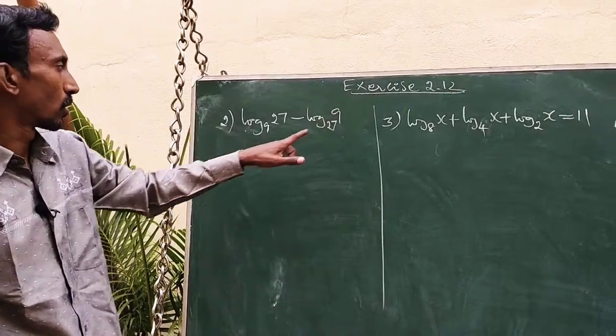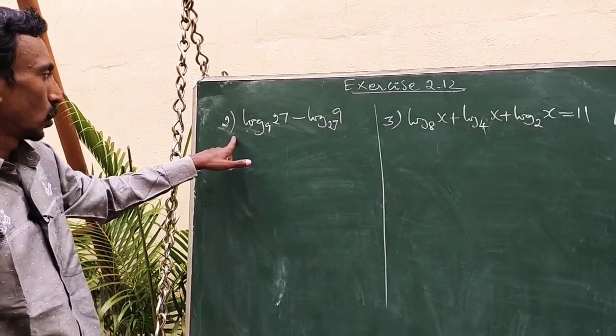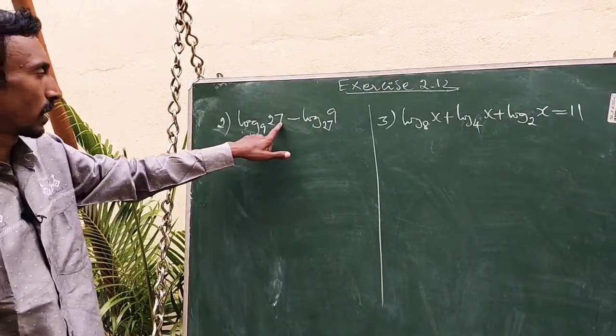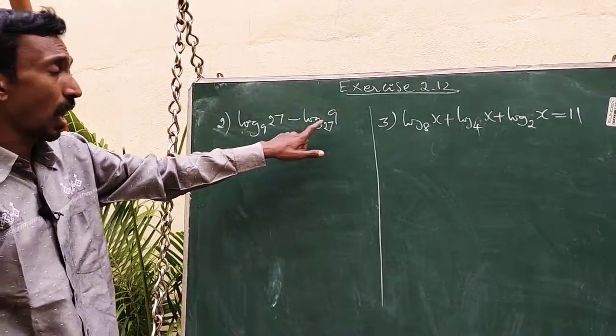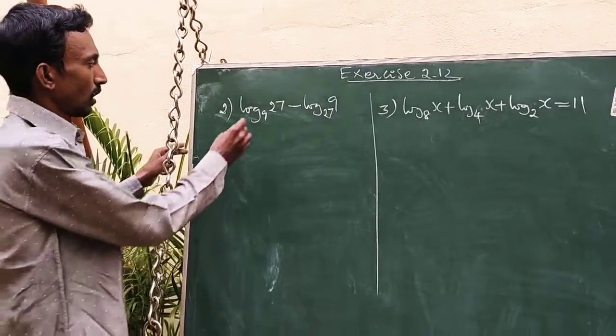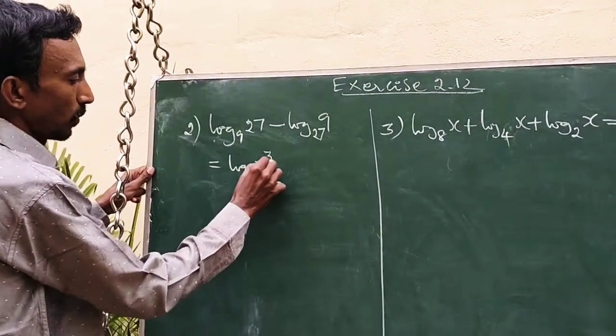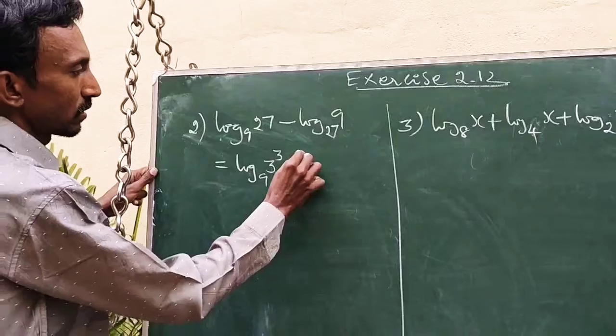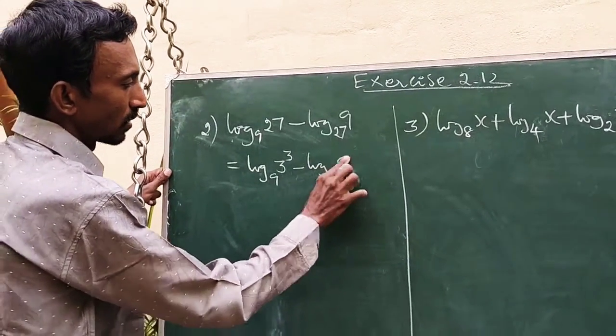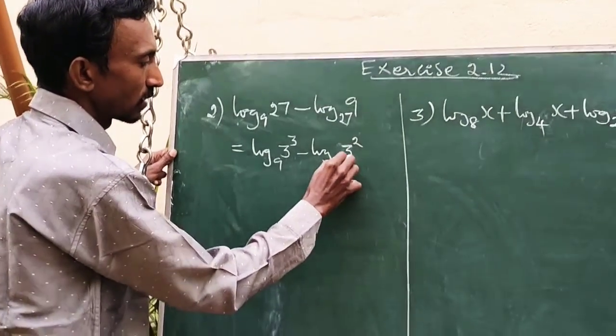Exercise 2.12, question number 2. Compute log 27 base 9 minus log 9 base 27. First you can rewrite it as log 3 cube base 9 minus log 3 square base 27.